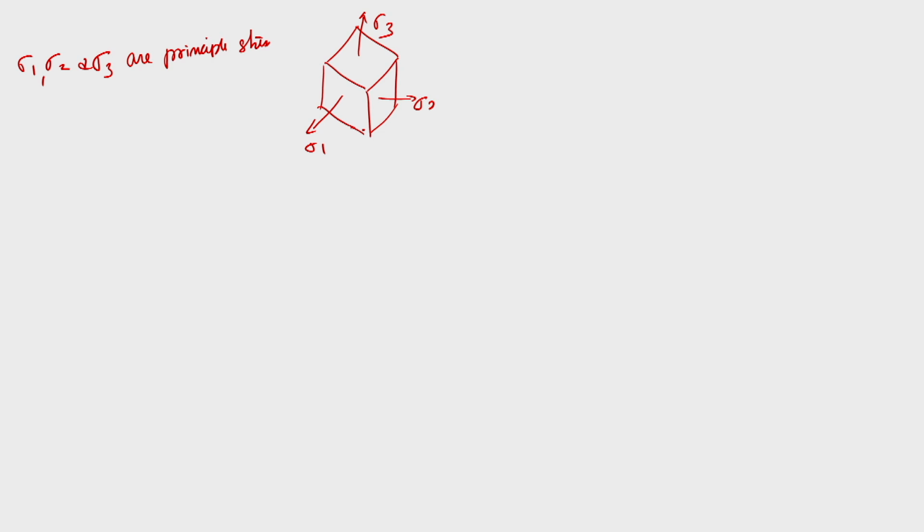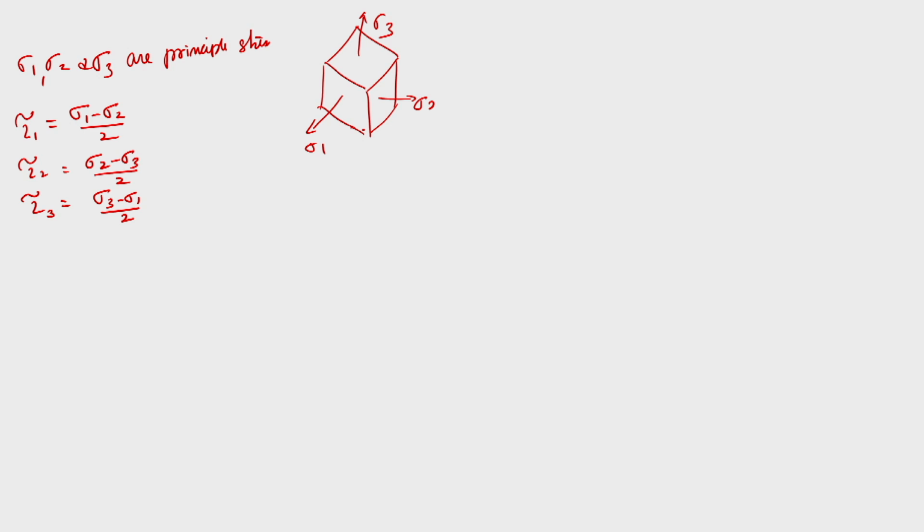You just tilt one plane, keeping it parallel to the other two, and then you can find out what these planes are. Okay. So, we can get tau 1 is equal to sigma 1 minus sigma 2 by 2, tau 2 is equal to sigma 2 minus sigma 3 by 2, and tau 3 is equal to sigma 3 minus sigma 1 by 2. So, that way we can get it.